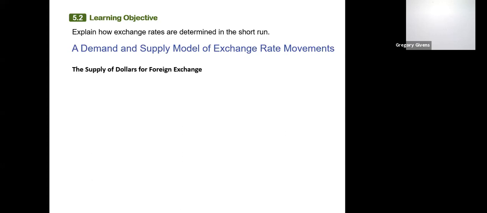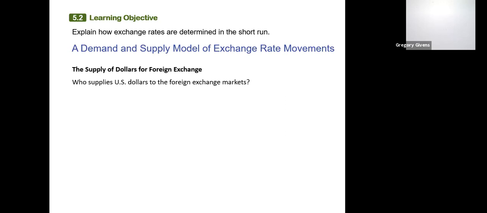So before we do that, I need to make one thing clear. When you're talking about these models of foreign exchange, you need to be very clear about establishing the difference between the home country and the foreign country, all right? Because that's going to make all the difference when we're defining the price and the quantity of the good in question in this supply and demand model, okay?